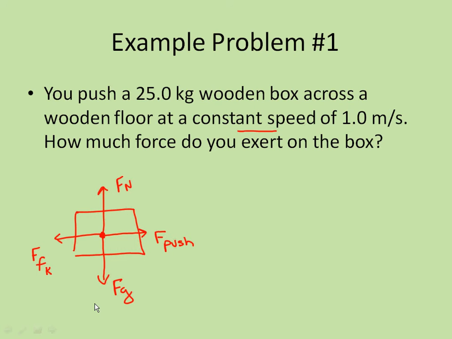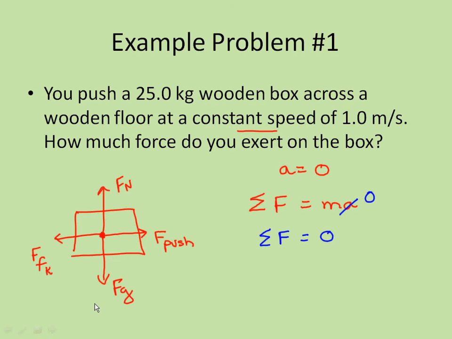Now, it's a constant speed. What's the acceleration? I'm sure you said 0. So what we're looking at is the summation of all the forces that allow this box to accelerate. Now, the acceleration is 0, so the summation of all the forces will give us a value of 0. Now, the box isn't going up and down, so we're looking at the horizontal forces.